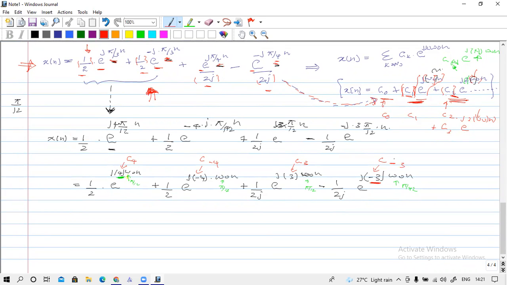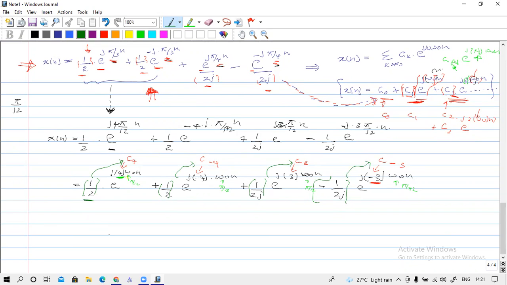Now we have to find the coefficients also. This one corresponds to C4, this corresponds to C minus 4, this corresponds to C3, and this corresponds to C minus 3.